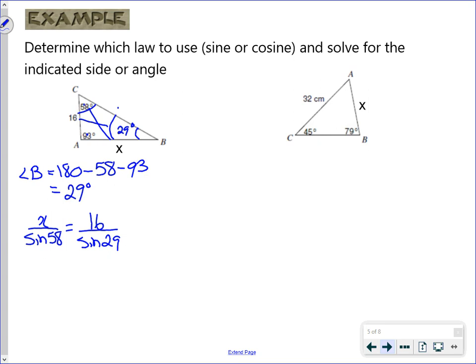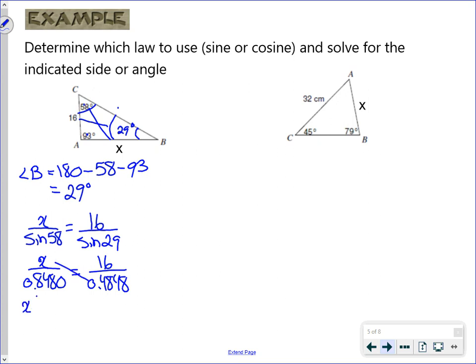We're going to calculate out our sine 58 and sine 29. So we'll end up with x over 0.8480, and this will equal 16 over 0.4848. Now we'll cross multiply.